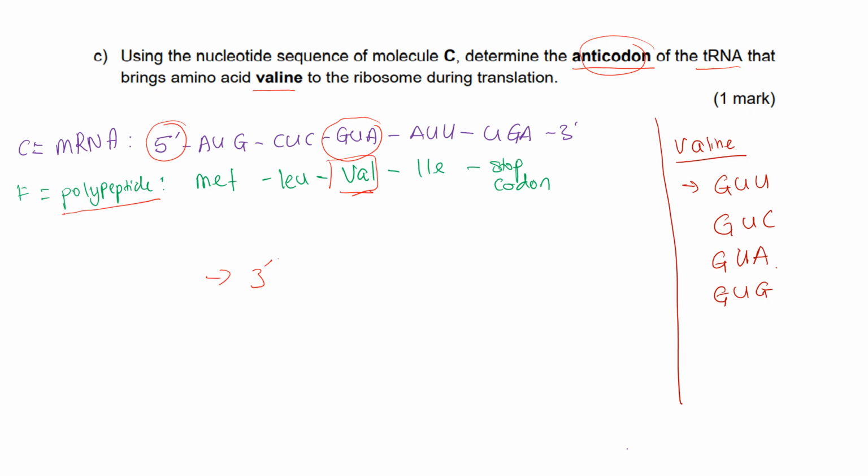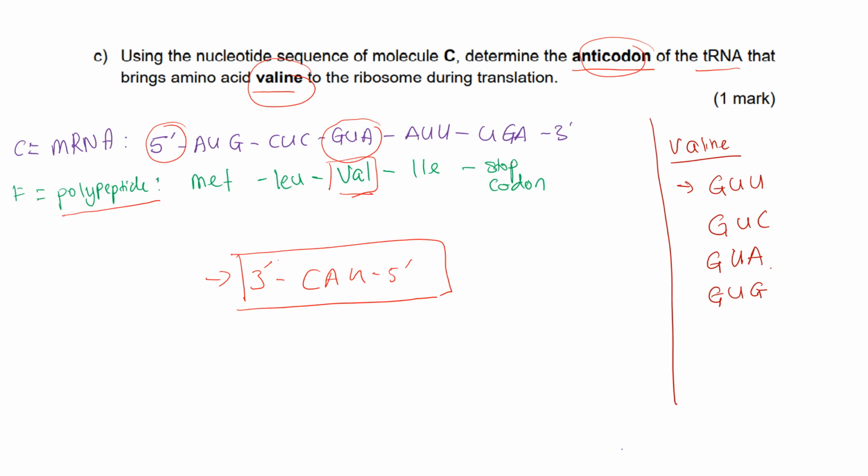So GUA, the complementary sequence will be CAU 5 prime. So the answer will be 3 prime CAU 5 prime.